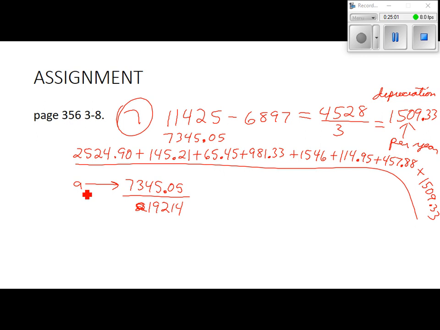Then the answer to part B is we divide those two. And how many cents is it? Everybody agree with that, about 38 cents? Yes. So those are our two answers. This is A, that's B.